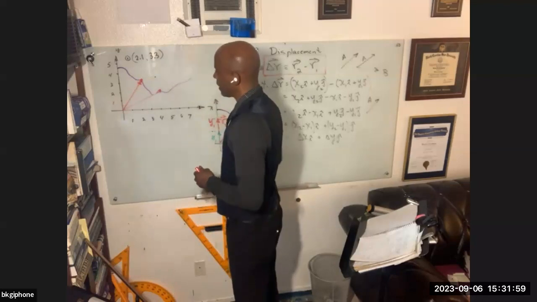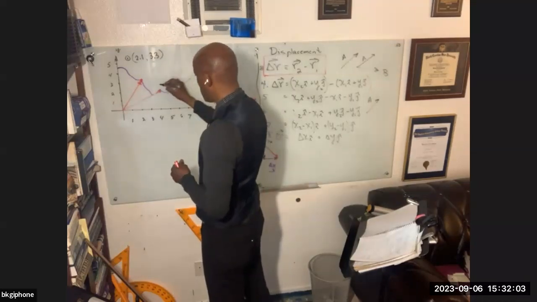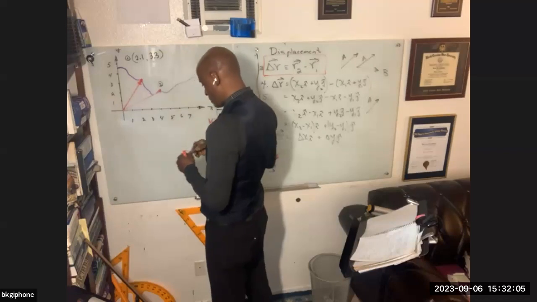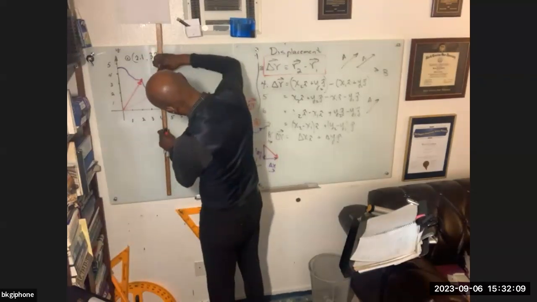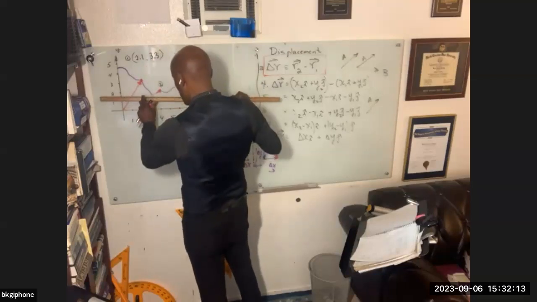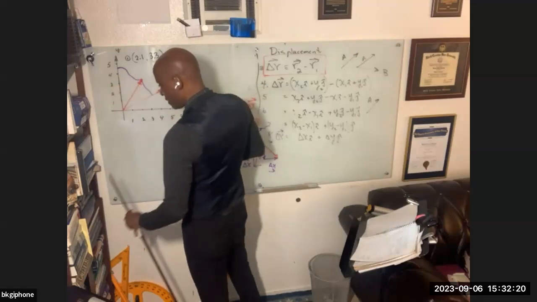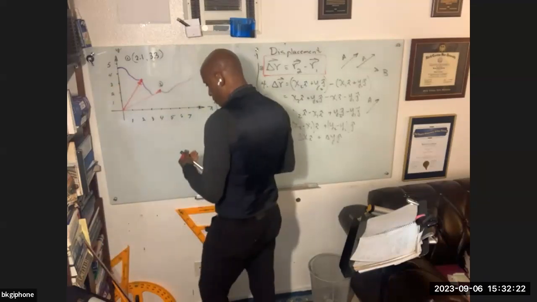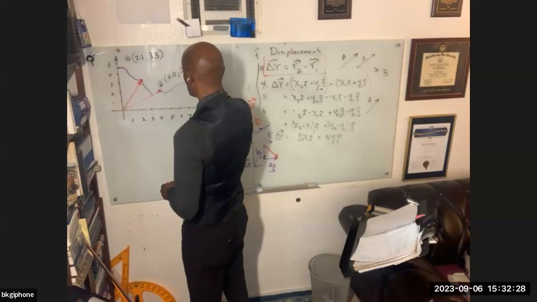And position 2 is going to have coordinates we'll have to measure. So let's see. Yeah, it's about 4 for x and 2.2 maybe for y. Its coordinates are going to be 4.0 and 2.2.